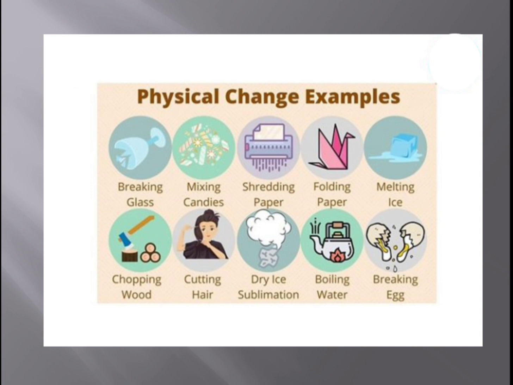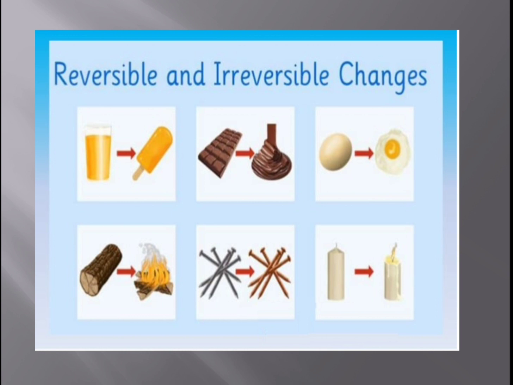Okay, and this physical change can be reversible and irreversible. Reversible means when you get an object, it changes its shape or size and again we can make it into the original one, that is called reversible. For example, the water. When you keep water in the freezer, it becomes ice, and when you keep it outside, again it turns into water, which is the original one.